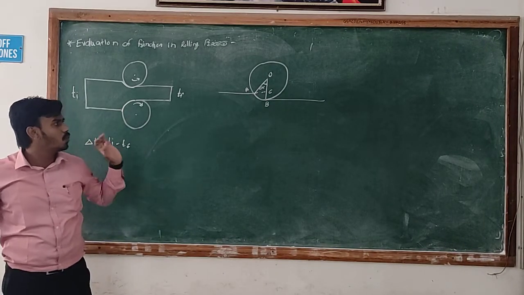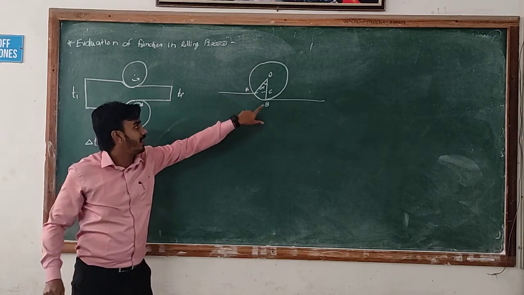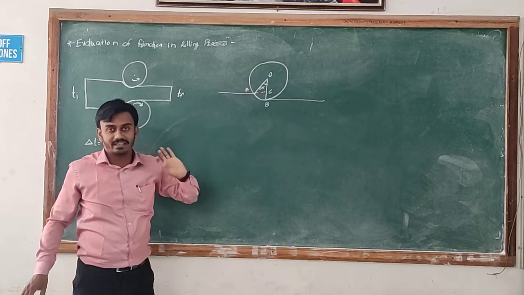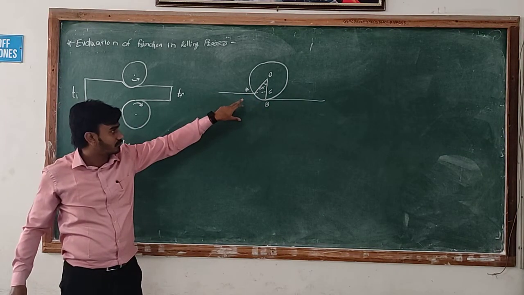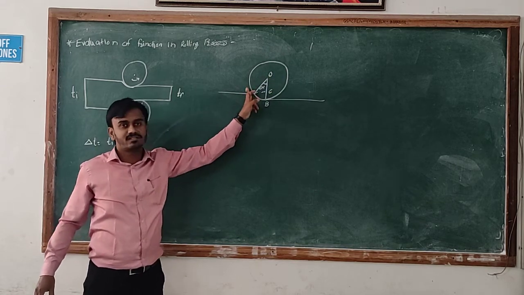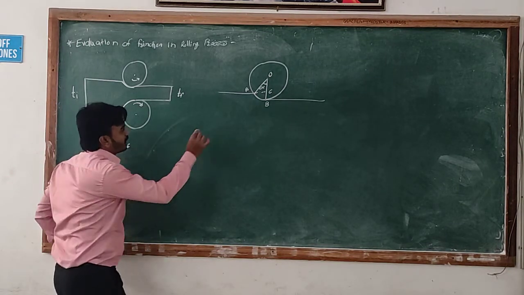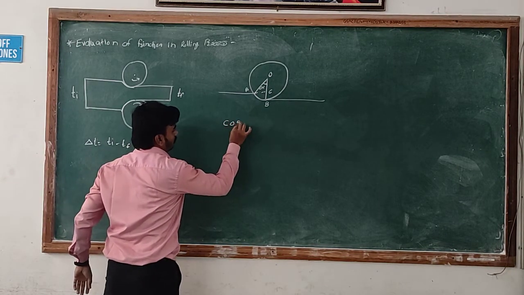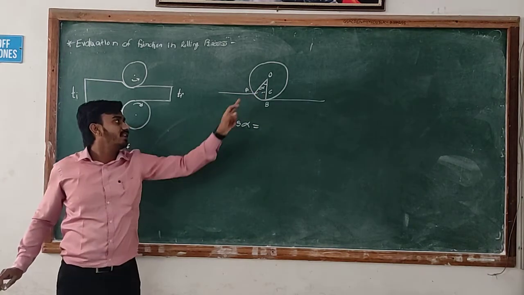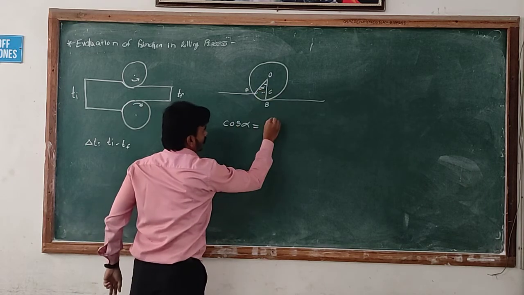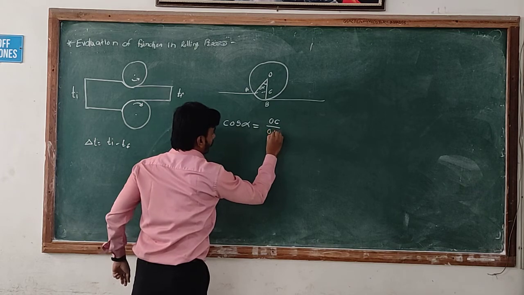Now, the length A to B is called the contact length. Here O to A is the radius of the roller, and O to B is also the radius of the roller. From the figure, cos of alpha is equal to OC upon OA.